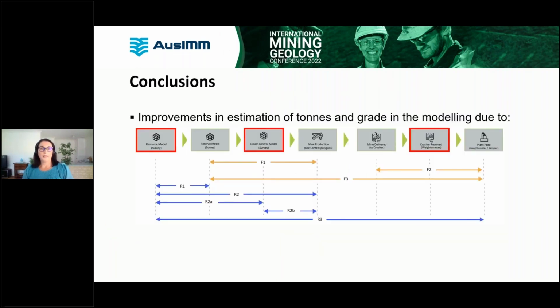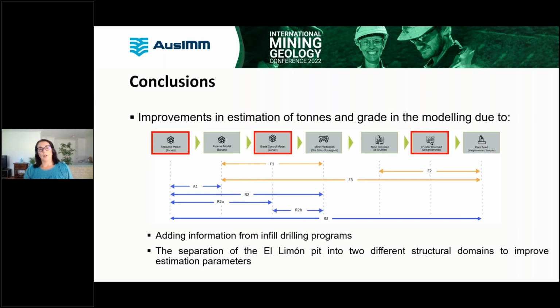So by extending the F series framework to include the R series and examining the resulting reconciliation trends, it was noted that the improvements in the estimation of tonnes and grade in the modelling was due to adding that information from that infill drilling, so more drilling after the reserve into the grade control, and also the separation of the AusIMM pit into 2 different structural domains to improve the estimation parameters.